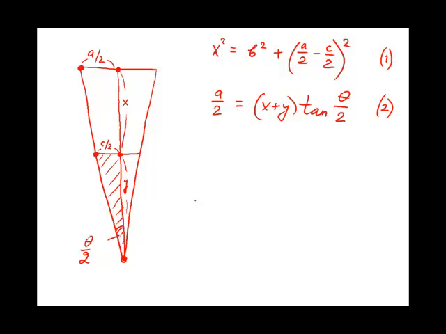Consider any triangle. Just forget our problem for a moment and consider any right triangle. With the sides, let's call them capital A, capital B, and capital C. And let's denote the angle by alpha.